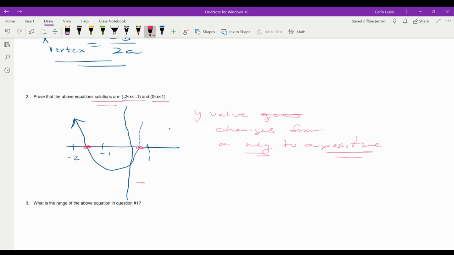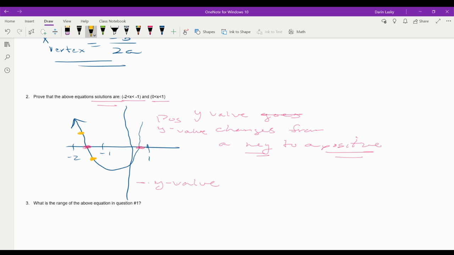Negative y value, negative y value. Here's our positive y value. And we prove it by showing that a y value changes. So how do you prove that a y value goes from here to here? That's all we've got to do, learn how to prove these things. So refer back to your notes and look how we prove that in class.